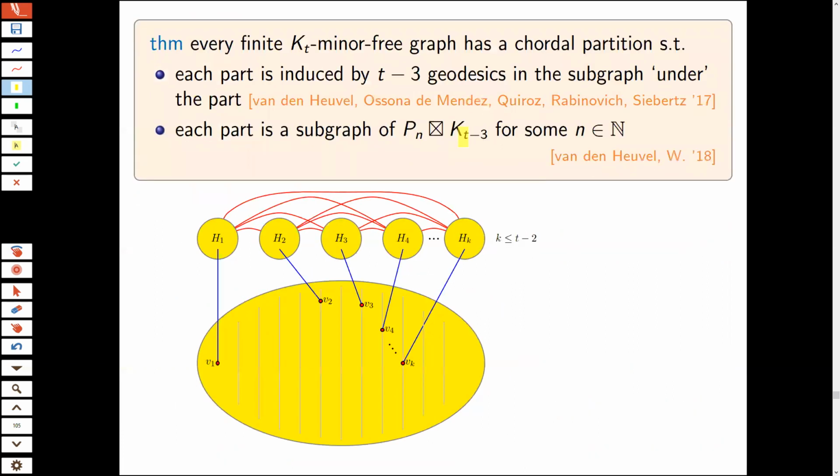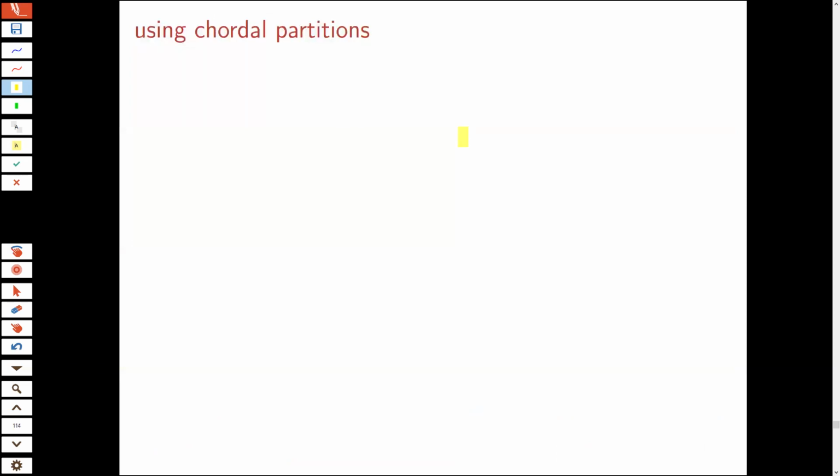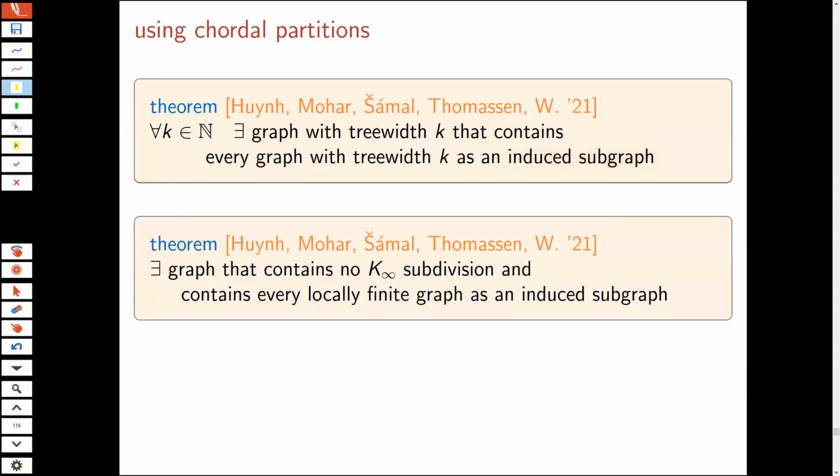All right, so I'm going to skip a little bit of proof here and say we can use chordal partitions for a bunch of other things. For example, we get a universal graph for treewidth-k graphs as induced subgraphs, because chordal partitions work with induced subgraphs. So that's neat. We actually get the following curious theorem.